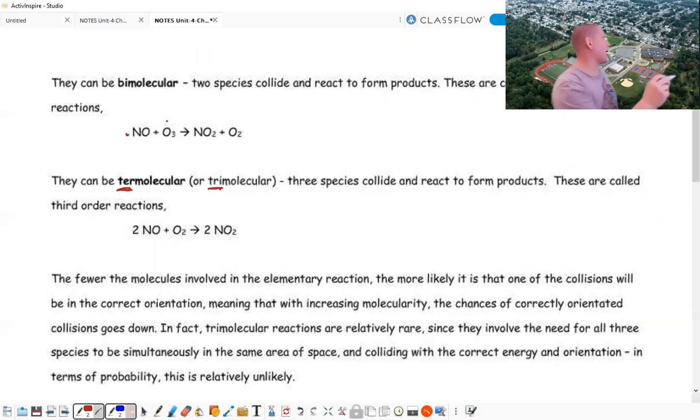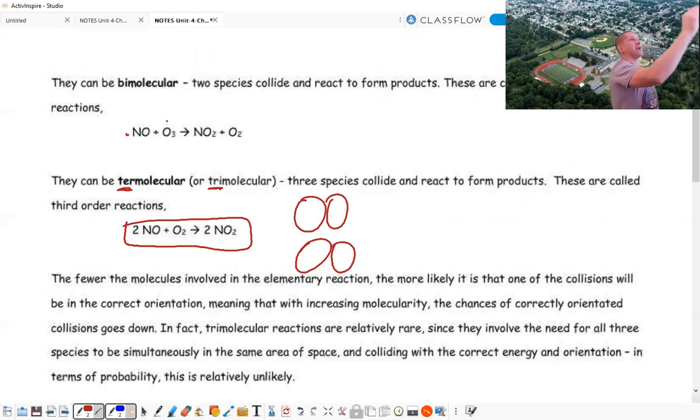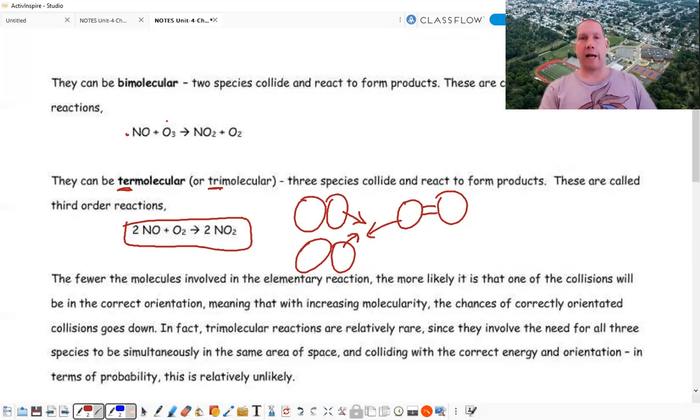Now think about the odds of this reaction right here occurring in one step. You have an NO molecule, a second NO molecule, and now you have an O2 molecule over here, and all three of these have to meet those three requirements. They have to collide at the same time, three molecules.